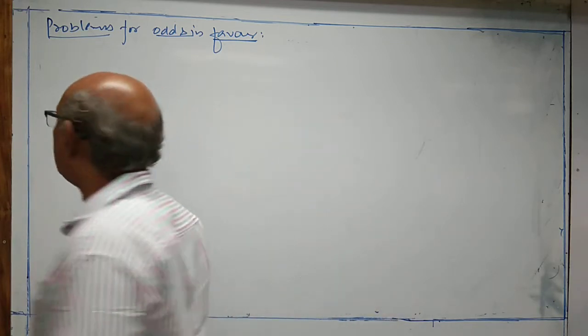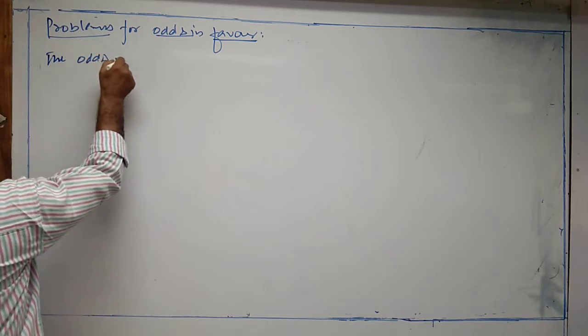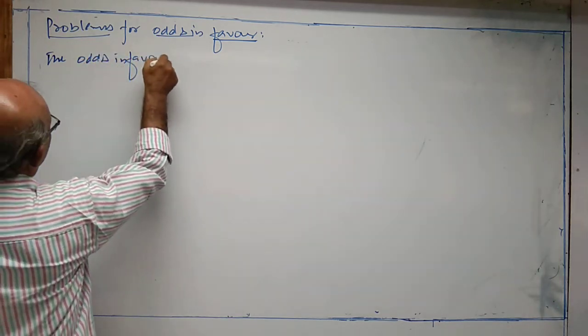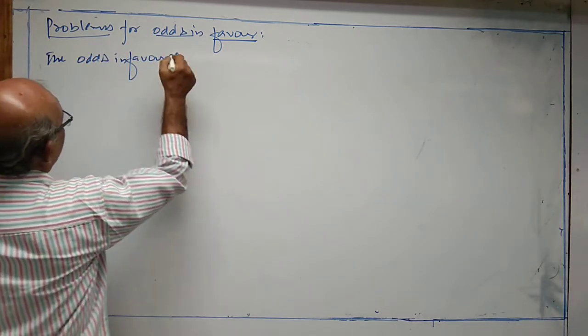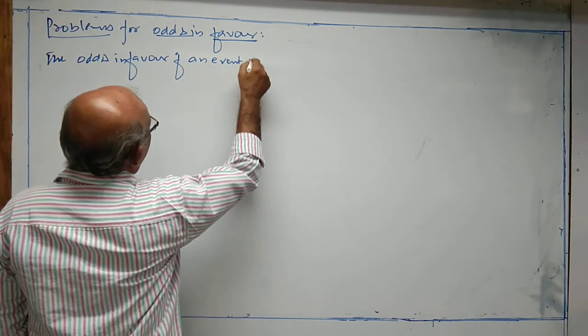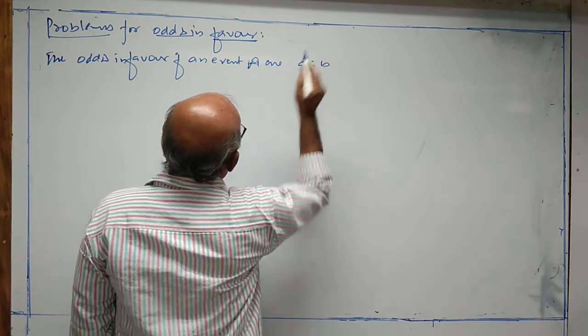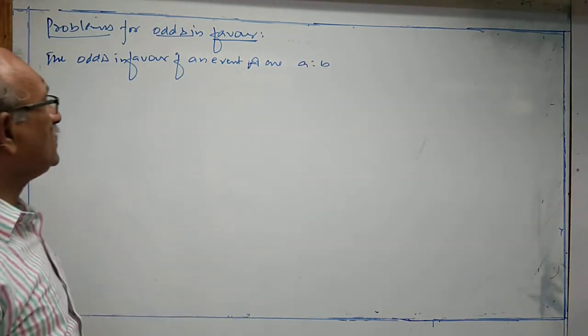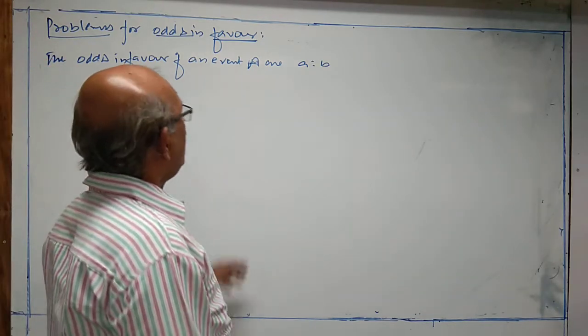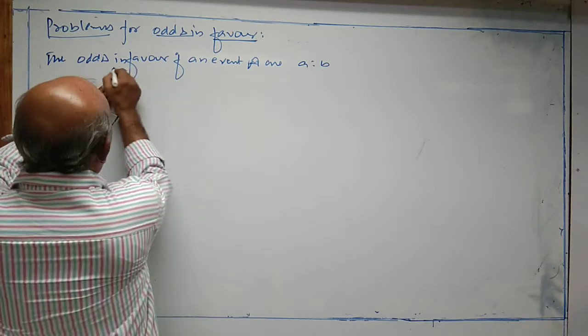Let us see. The odds in favor of an event A are A is to B. Now what is given in favor?